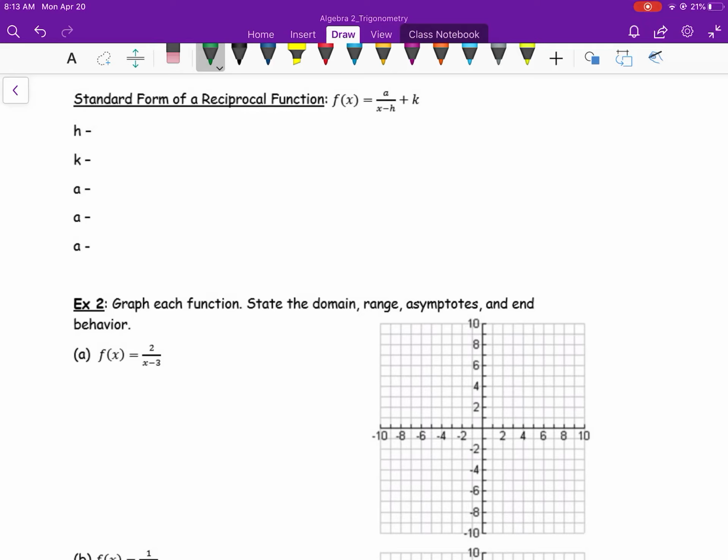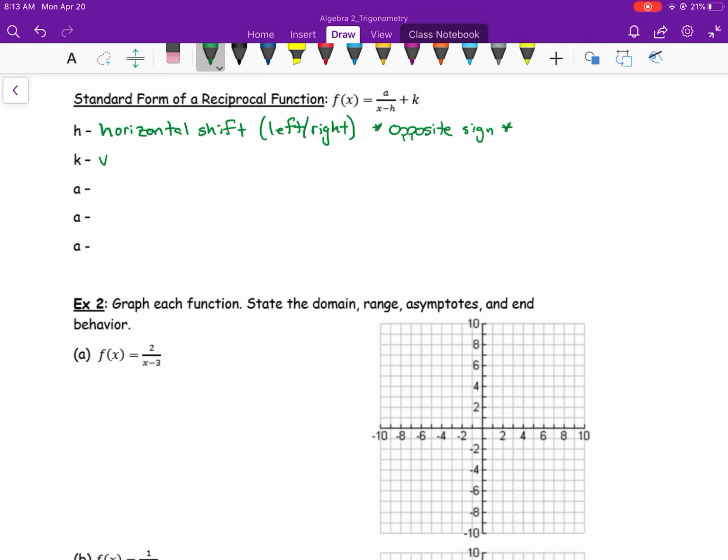Our horizontal shift is left to right. Remember, it's always the opposite sign. So if it's plus h, we're going to move to the left. If it's minus h, we're moving to the right.